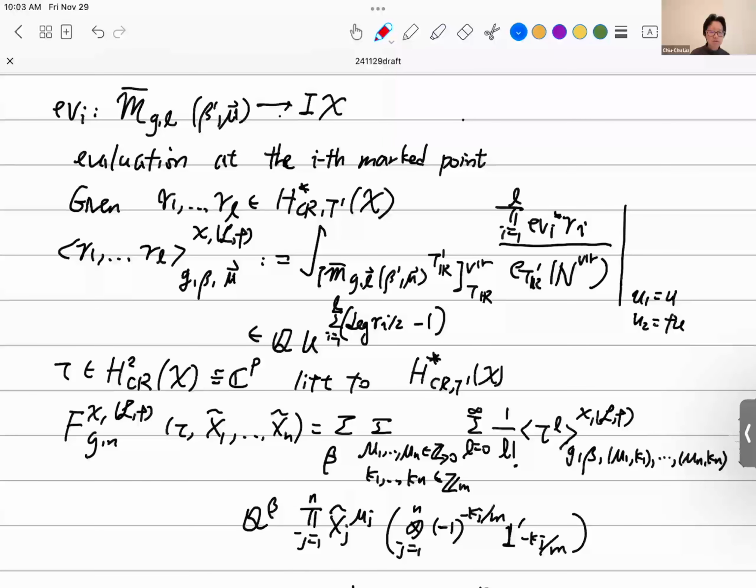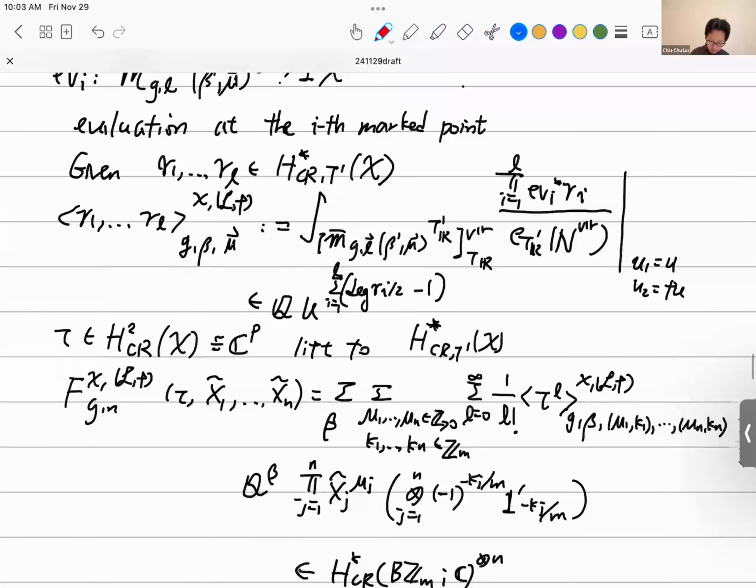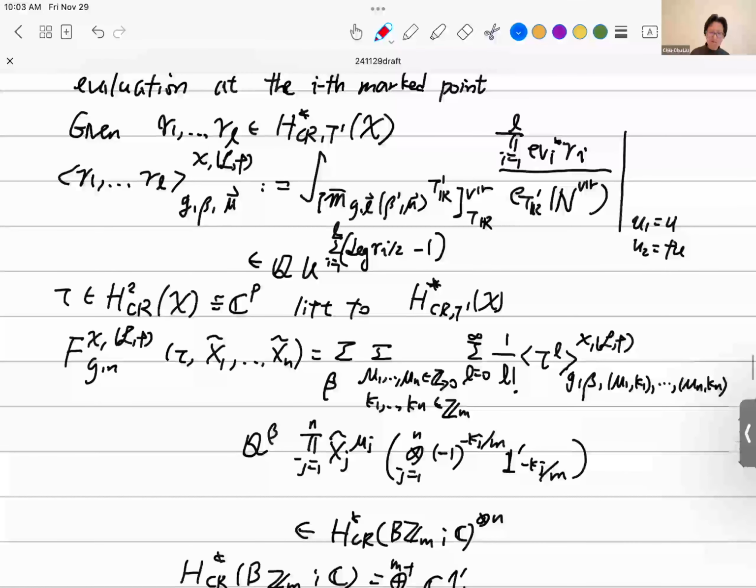And then finally, we want to form a generating function. So we want to insert degree 2 classes. So this is a generating function. We insert any possible number of tau degree 2 classes.